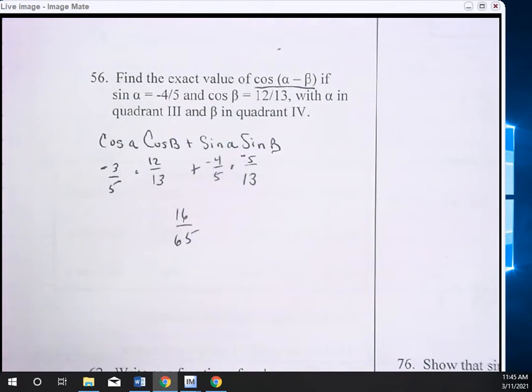Isn't it? So I need to go back and change my 3/5 to a negative 3/5 and my 5/13 to a negative, which is a negative 16/65. You good? Okay.